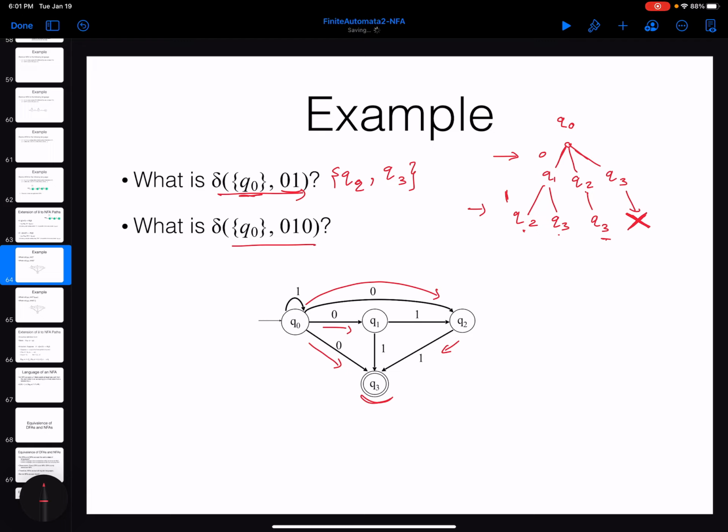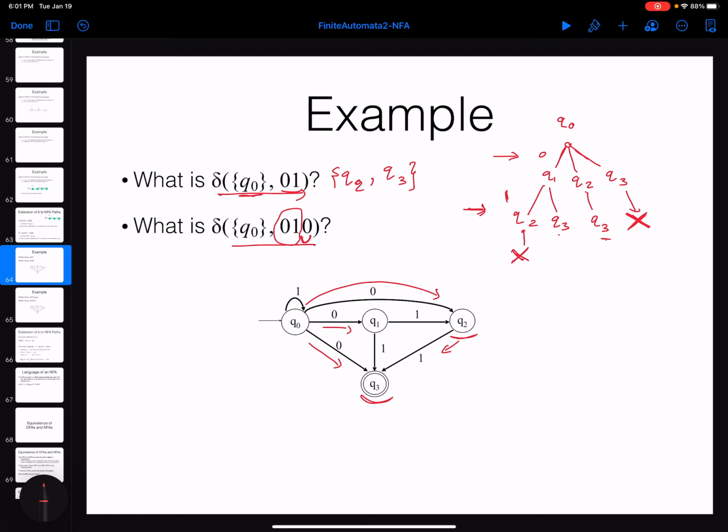So what's going to be the answer for the next one? I have already answered this part of it; this is the search tree so far. If I continue and read another 0, I can extend the tree and ask, if I'm at Q2 and I see a 0, where will I end up? At Q2, there is no transition over 0, so this path is going to crash.